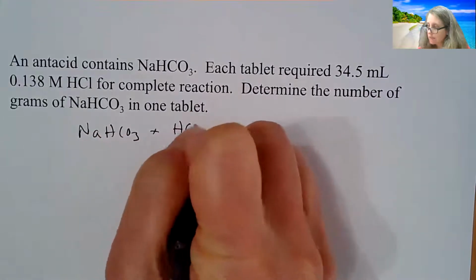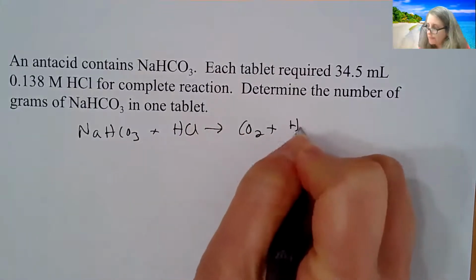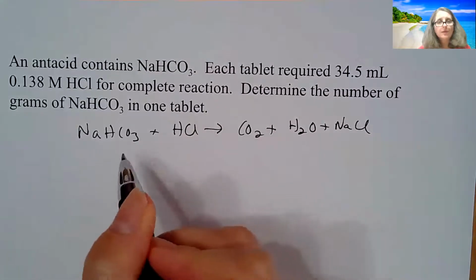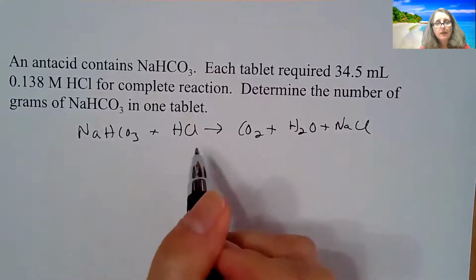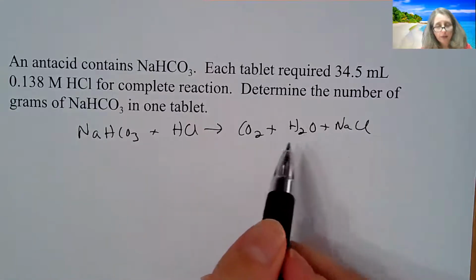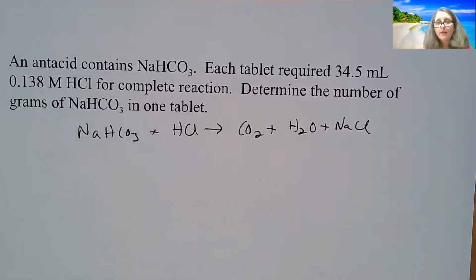Again, there's not as much emphasis on these types of reactions or knowing what they are. So I would give this to you, but I sometimes don't have it in my notes. So sodium hydrogen carbonate plus HCl produces carbon dioxide, water, and sodium chloride. Everything happens to be balanced. So just take this balanced equation and see if you could calculate the grams.